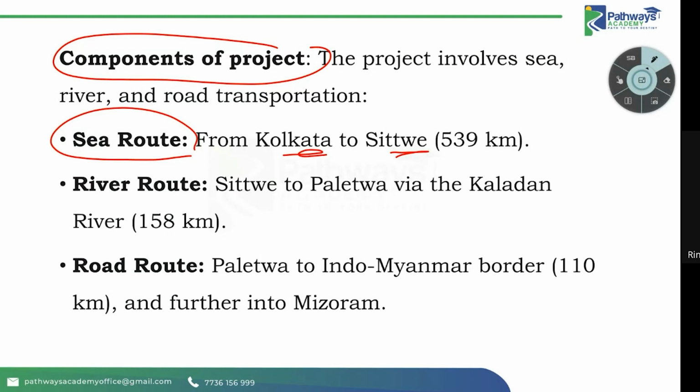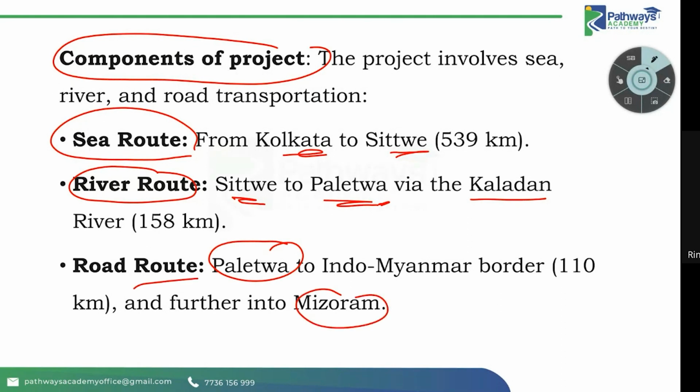The sea route is from Kolkata to Sittwe. After the sea route, we will take the river route. The river route is from Sittwe to Paletwa via the Kaladan River. Then Paletwa to Mizoram through the road route.